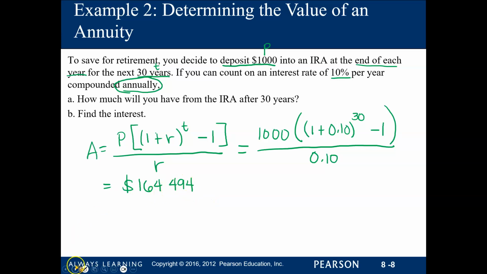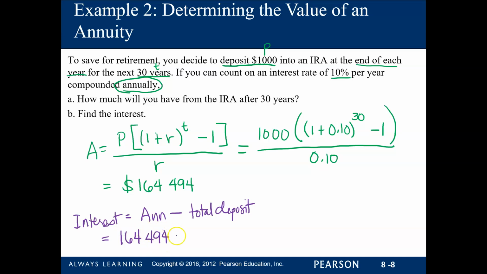That's that. Now, the interest. So the interest, remember, is the annuity minus all the deposits. So the annuity is $164,494 minus how many deposits were made.